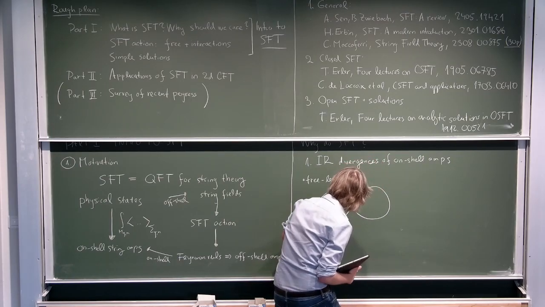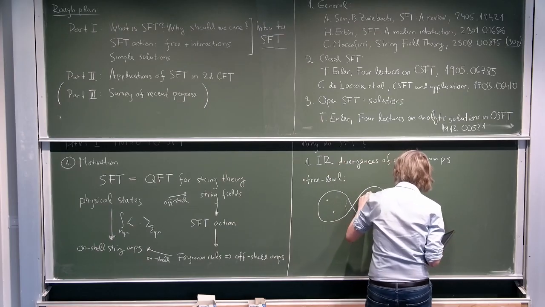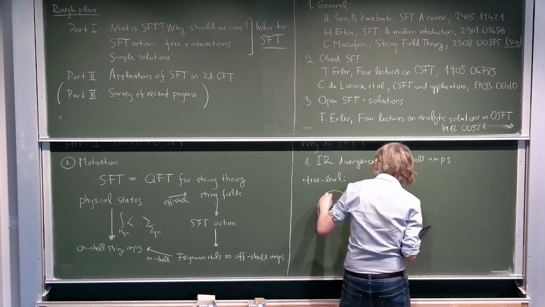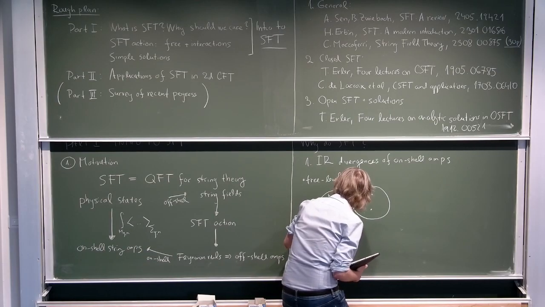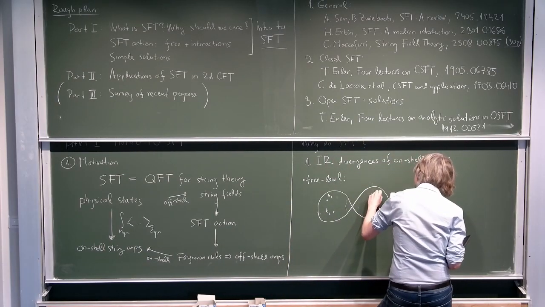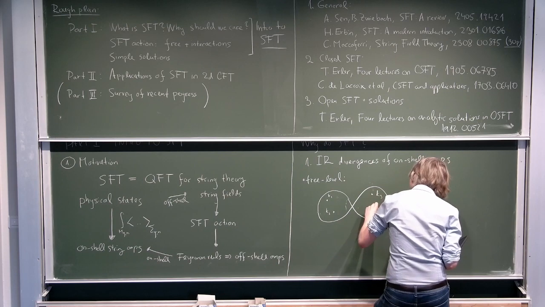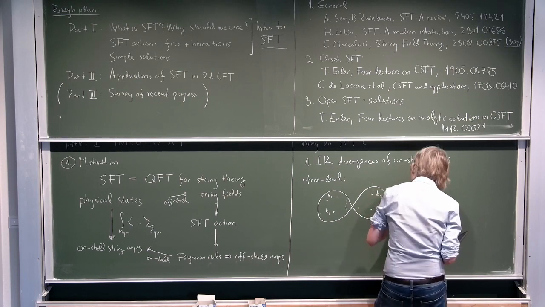So this Riemann surface is supposed to be a Riemann sphere with 4 punctures, at which I'm inserting on-shell states with momenta k1, k2, k3, and k4, which are on shell.